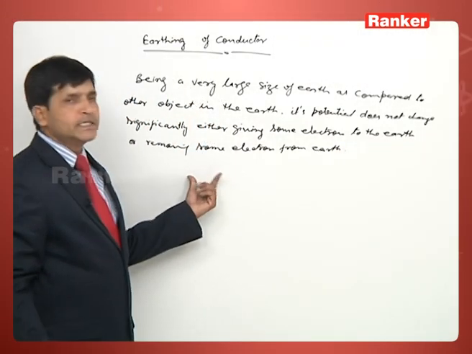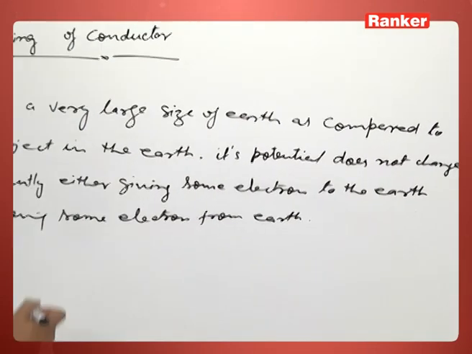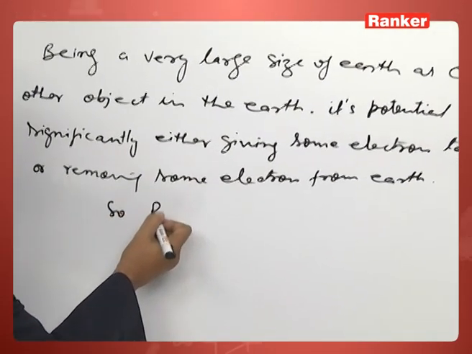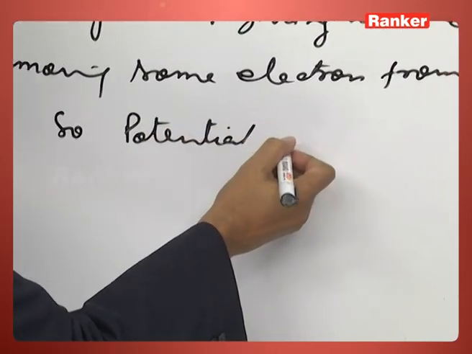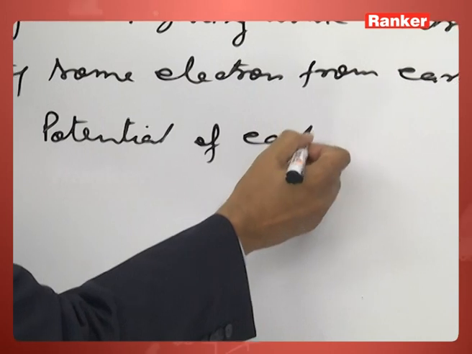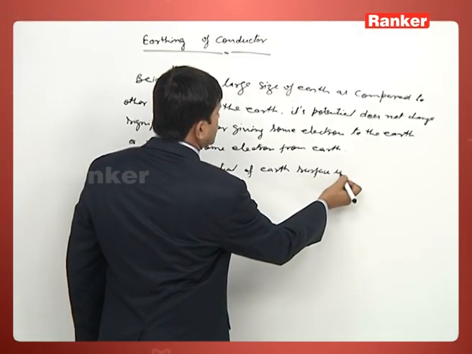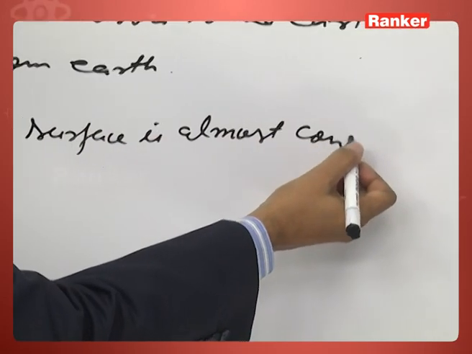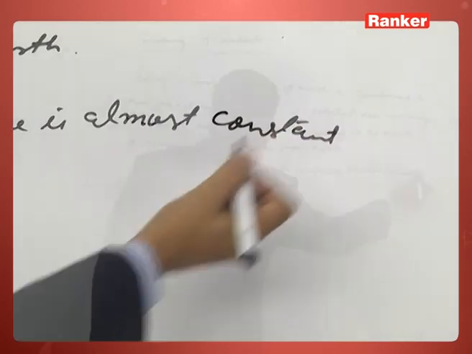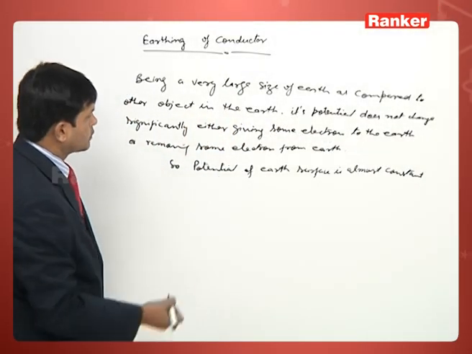So we can say the potential of the earth surface is almost constant, and this constant value is 0.